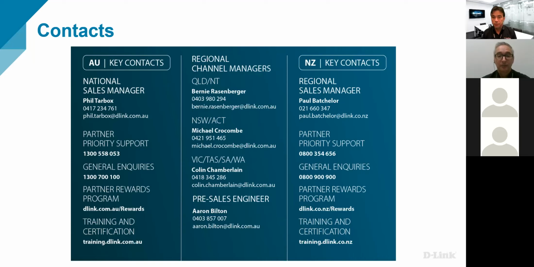One of the most useful features, and I know that's come up for a number of our guests that have joined us in our webinars over the last 12 months or so, has been the cable test feature, which is there in products like our DGS 1210 series, our DGS 1510, 1520 series. That's absolutely a really good feature for troubleshooting.